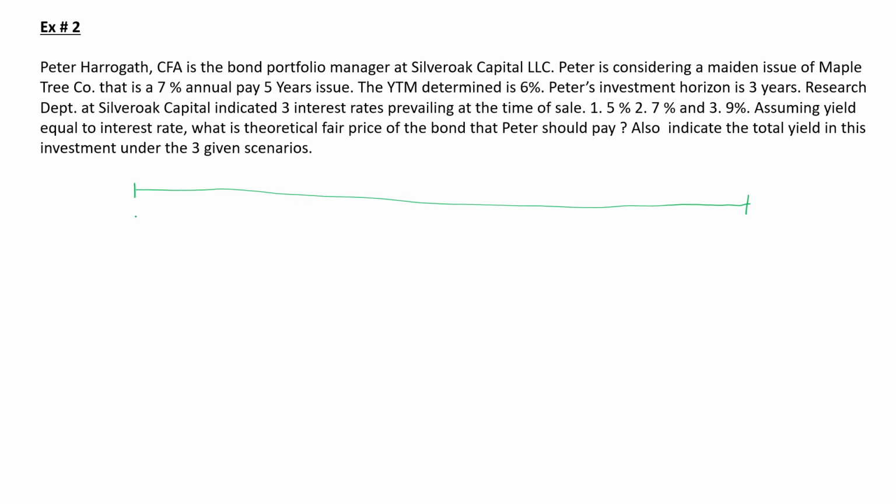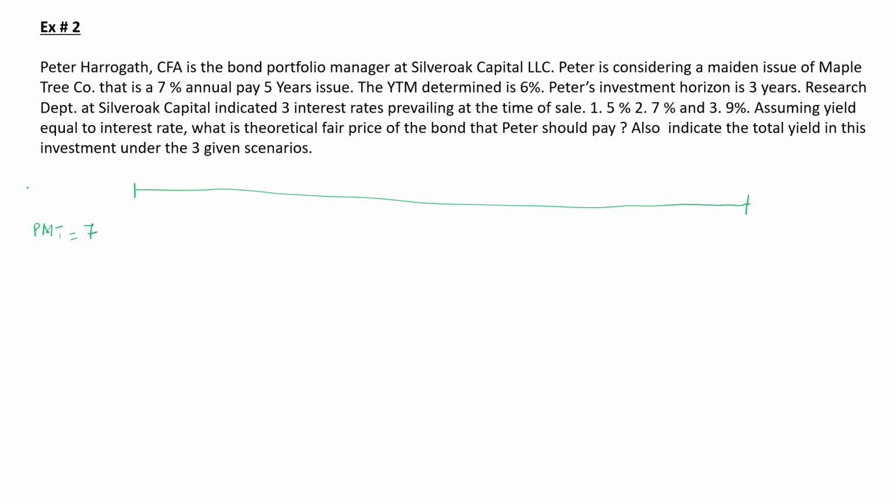So that's that. So given this timeline, let us redraw the problem here and see if we are able to make some sense out of it. So we've got a bond, and that bond makes a payment of 7 for want of the face value in absolute terms.